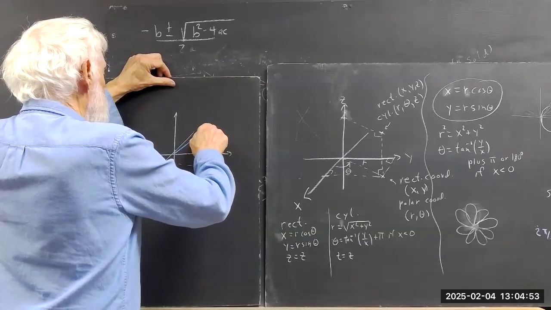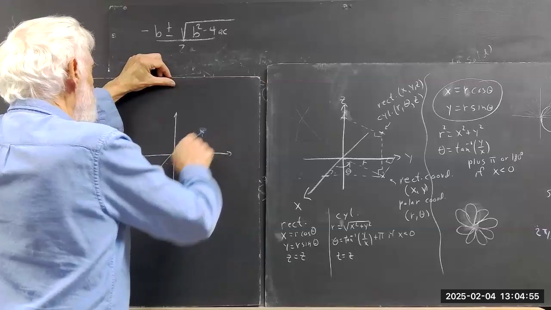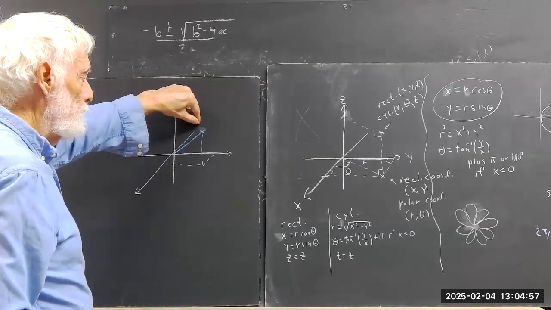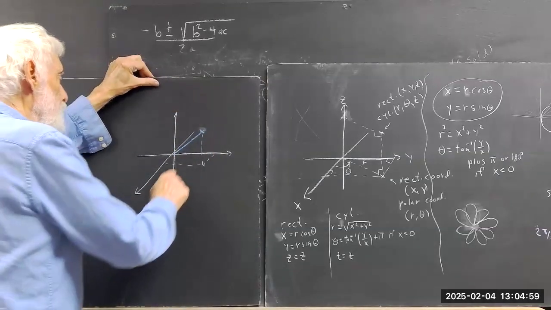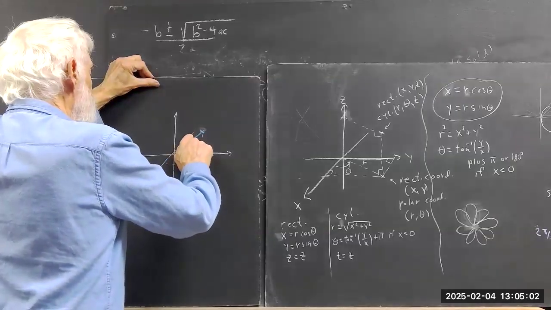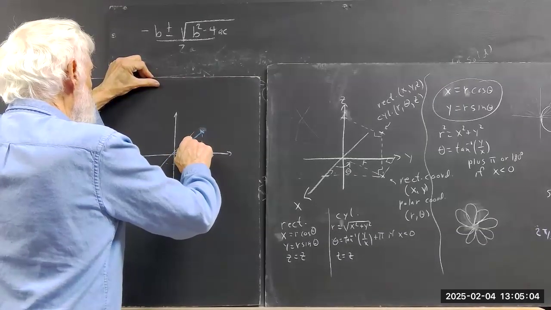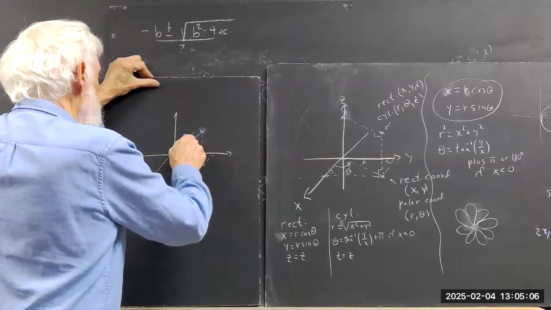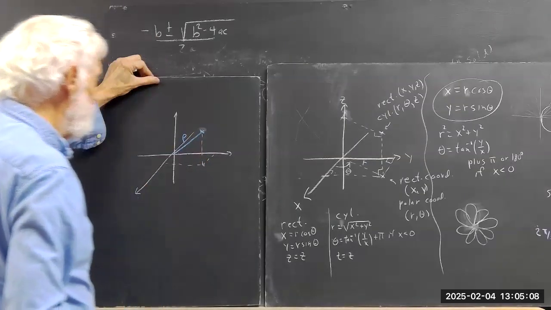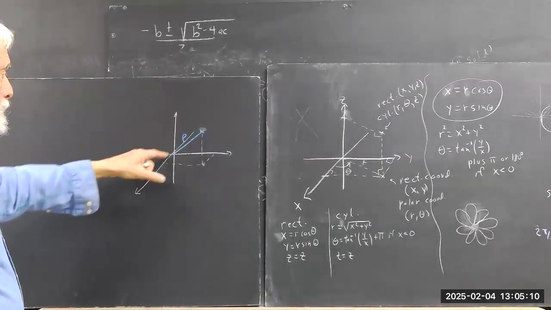I'll lower my thickness a little bit. Okay, and the origin directly to that point. Not going to be r, it's going to be rho, which is the Greek letter that corresponds to r. So this distance is rho.